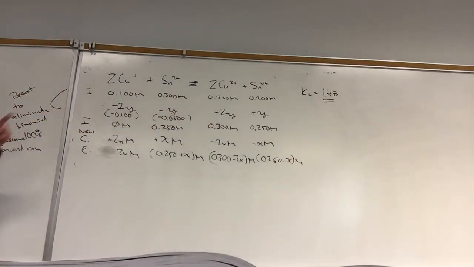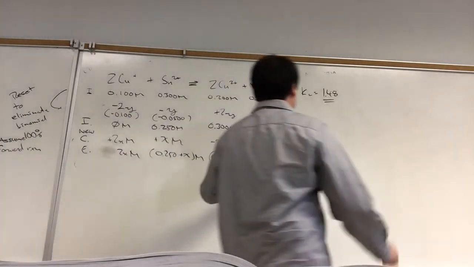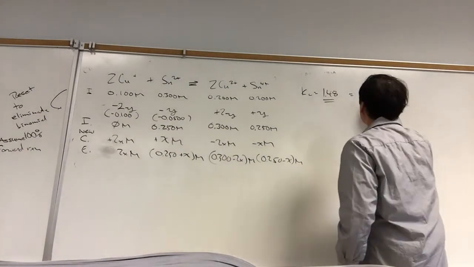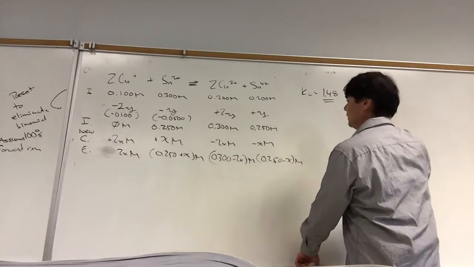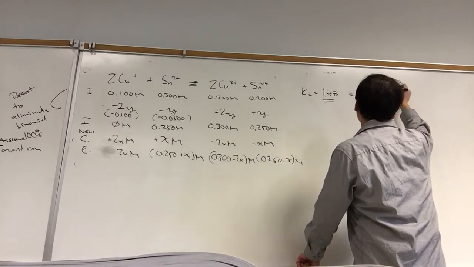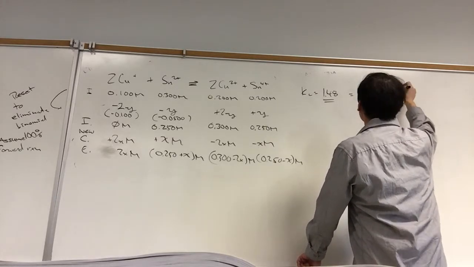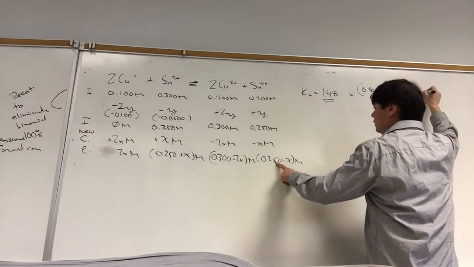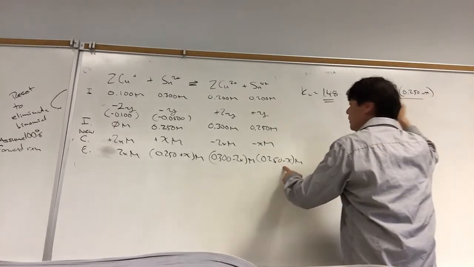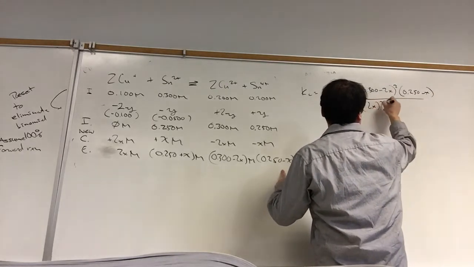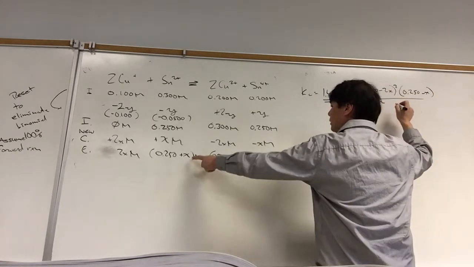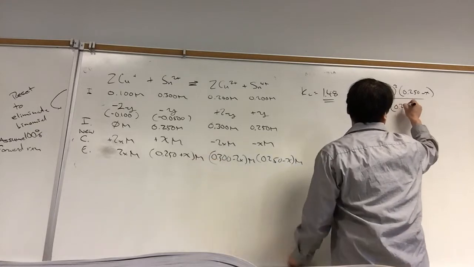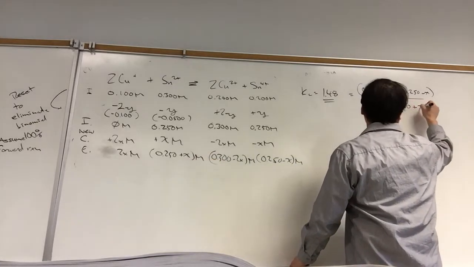And so what we can do is take these and then plug them in here and see if the math is a little bit easier. And so 0.300 minus 2x squared, 0.250 minus x divided by 2x squared and 0.250 plus x.